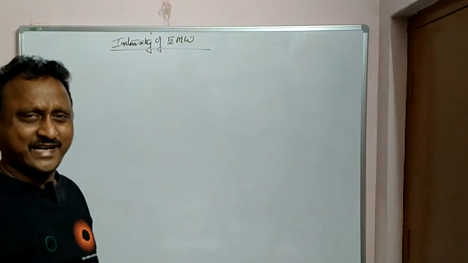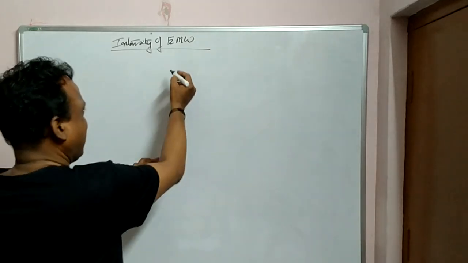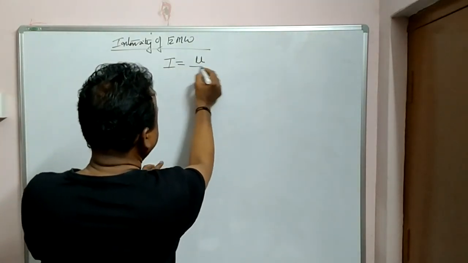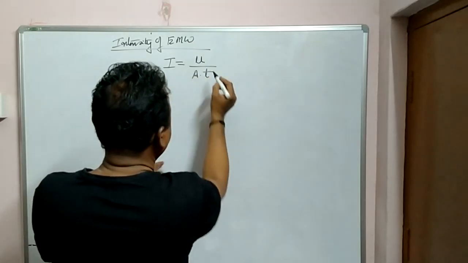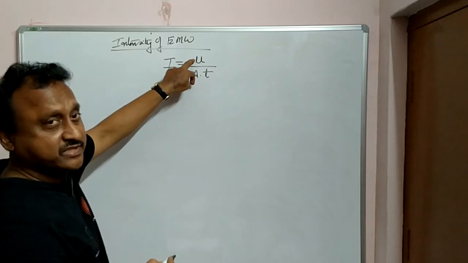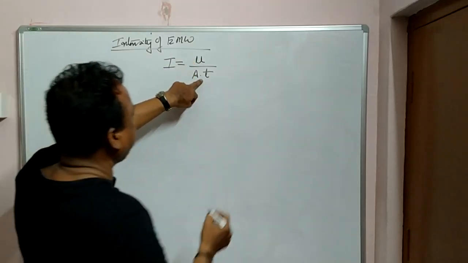How will you define intensity? It is very easy. Intensity is generally defined as energy per unit area per unit time, where U stands for energy.